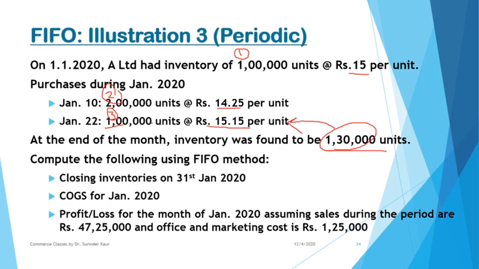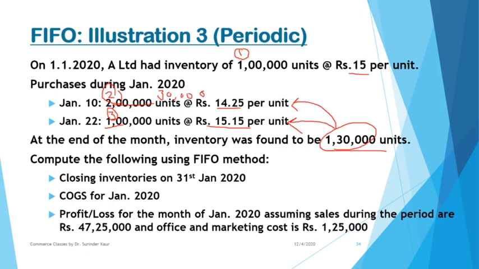So you need additional 30,000 units, isn't it? So in order to get that 30,000 units, you will move into the next lot. Out of this 2 lakh units, 30,000 units are left in the closing stock. That way we'll make up the total closing stock of 1,30,000 units, isn't it? So 1 lakh from the latest and 30,000 from the other.